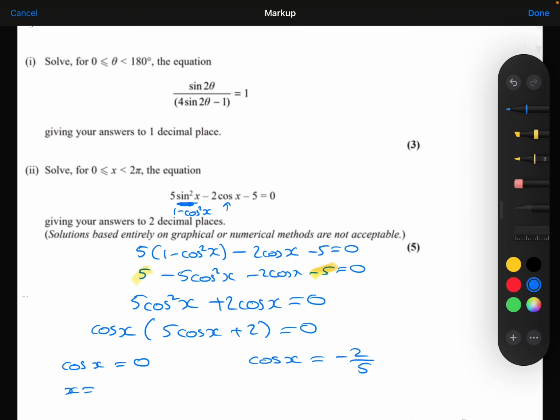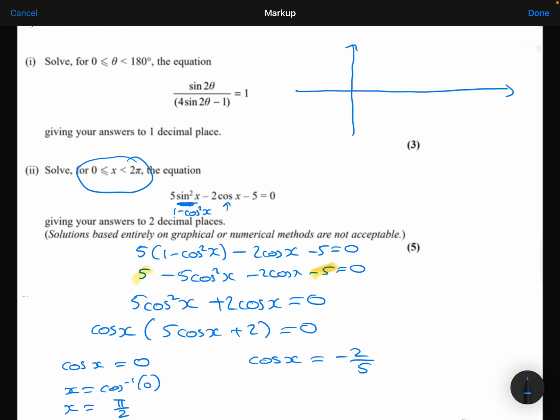If I do cos inverse now, so cos inverse of 0 is, well, my calculator tells me pi over 2. We're in radians, so make sure your calculator is in radians mode. Let me draw a quick cos graph to make sure that we get all of the correct solutions.